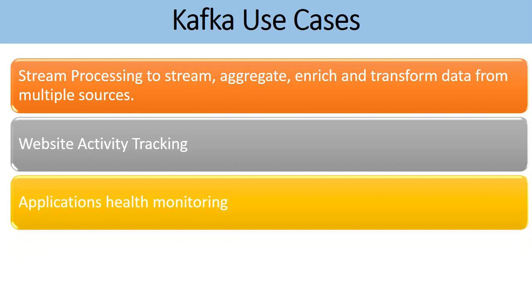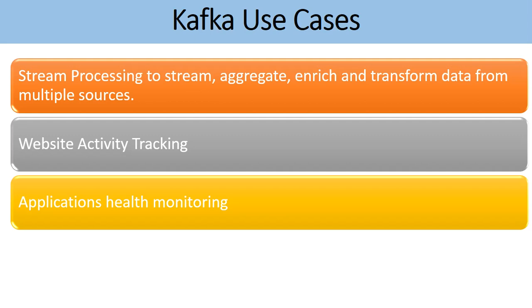The next use case can be application health monitoring. We can have a scenario where we have multiple systems and applications in our organization, and we want to make sure that we monitor the health of those applications in an efficient manner. We can achieve this using Kafka by making sure that all of these applications in real time are sending the events, in terms of the important data, to the Kafka cluster, and then we have our monitoring applications, our monitoring platform, which is looking into the events and performing certain actions.